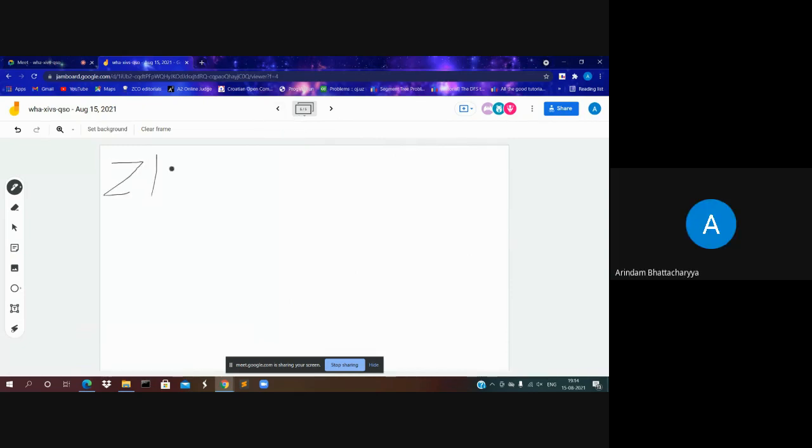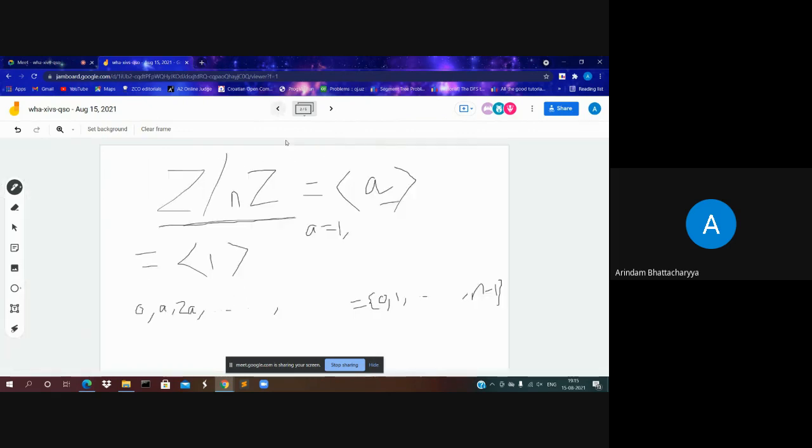So let's try another case. In that case, 4, where we tried 4, there were just two. So maybe in the general case. Let me give you a hint. The number of a is phi of n.